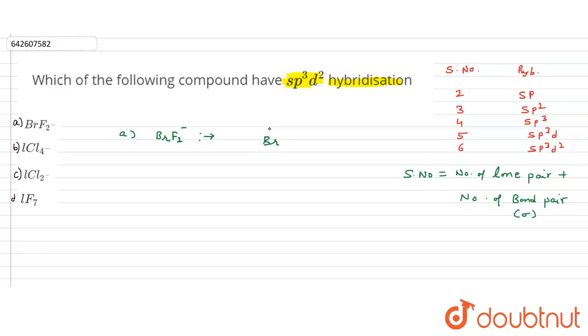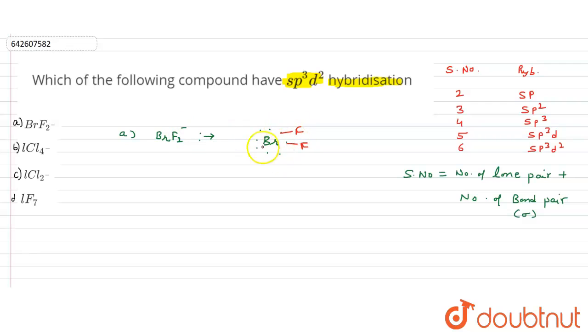So let me write here 1, 2, 3, 4, 5, 6, 7, these are the 7 valence electrons. And there is a negative charge, so that means one extra electron is added to this species. We know that halogens are bonded by a single bond, and there are 2 fluorines, so one fluorine is attached on this side and one fluorine on this side.